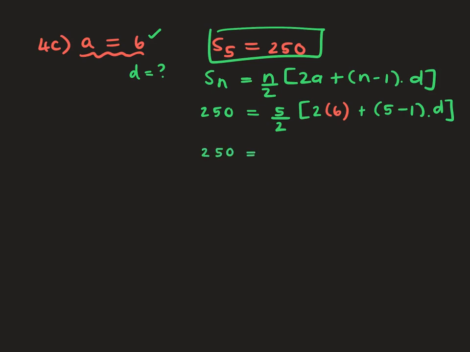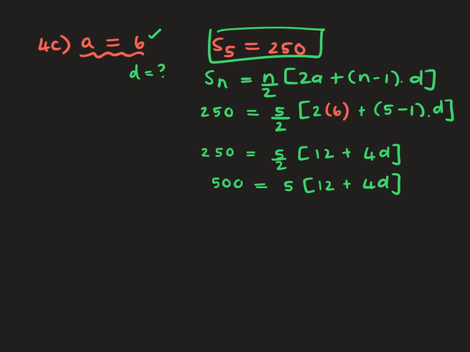So 250 is equal to 5 over 2, 12 plus 4d. I'm going to multiply both sides by 2. So 500 is equal to 5. Well, yeah, okay, I'm doing quite a few steps here. You don't have to do as many. Over here, I could have just divided both sides by 5 over 2.